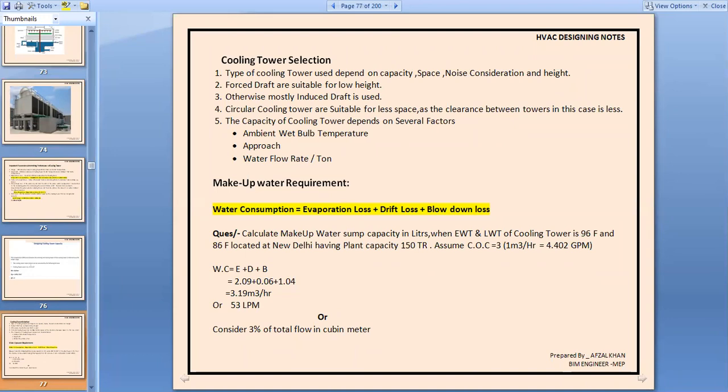How much is it? 1.5. So this will be your evaporation loss, 1.5.